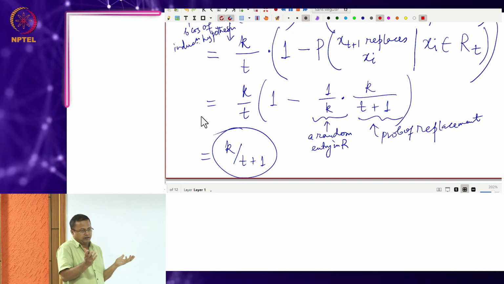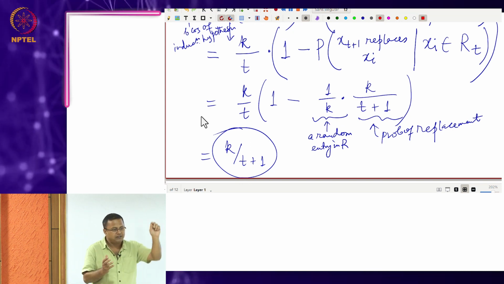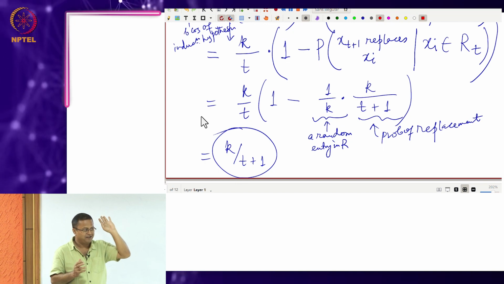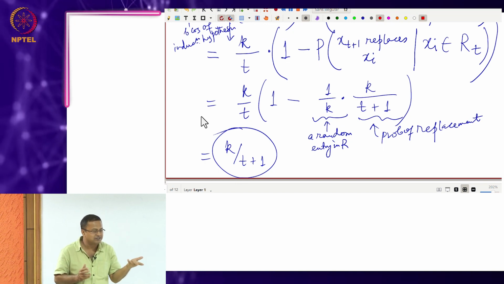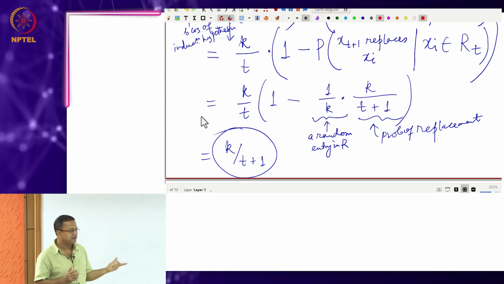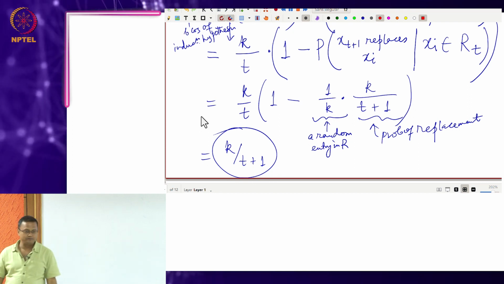It is uniformly at random, right. So, you know that the numerator should be k. Fixing the denominator was the challenge. The calculation gives you that idea, what the denominator should be.